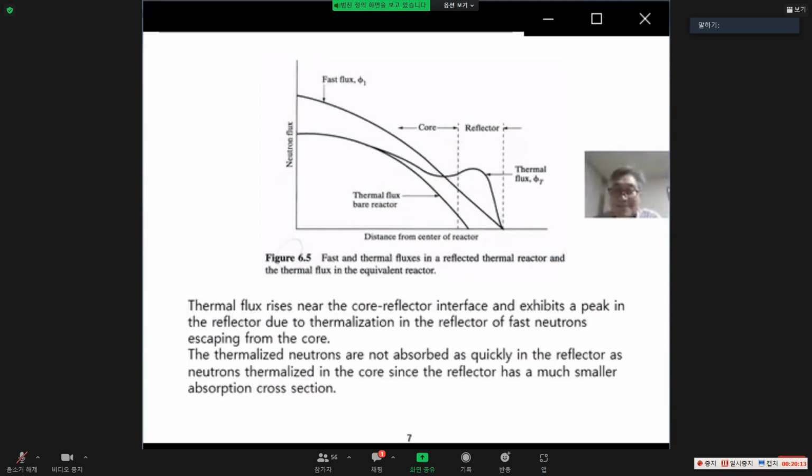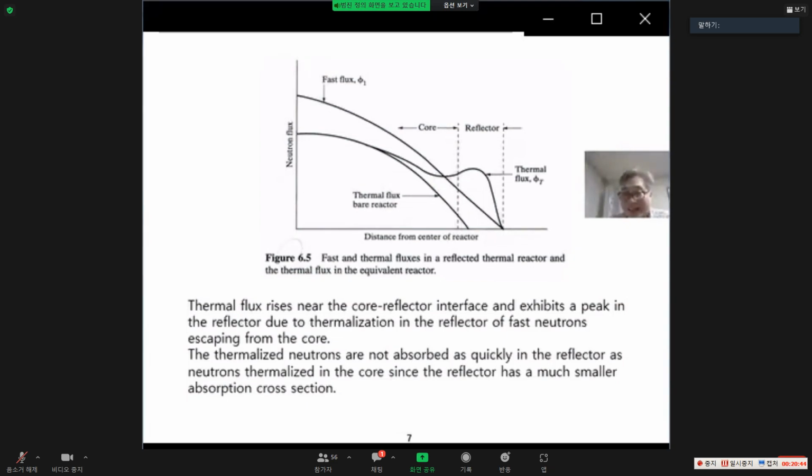That is the third thing. And the fourth thing is that when we have a reflector, the flux shape is more flat. The bare reactor is this way, but the reflected reactor is this way. So it is more flat. As a nuclear engineer, in order to produce more power, we would like to have a flat flux shape.